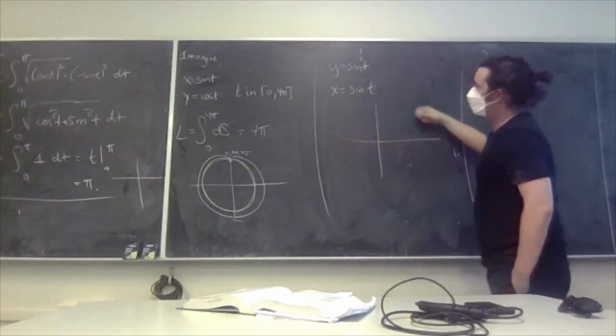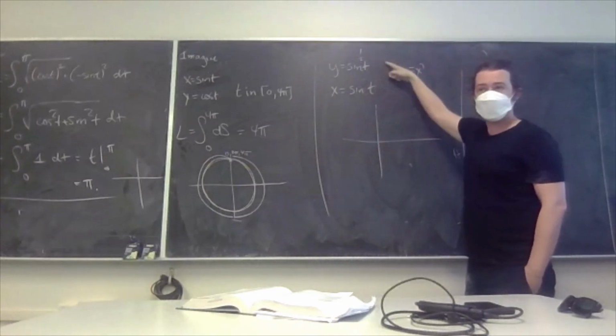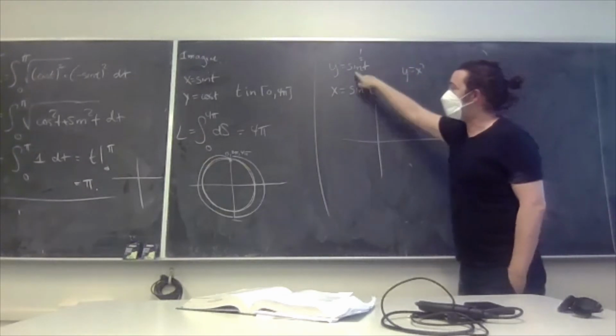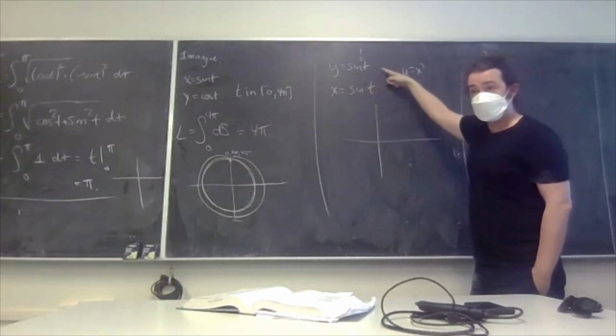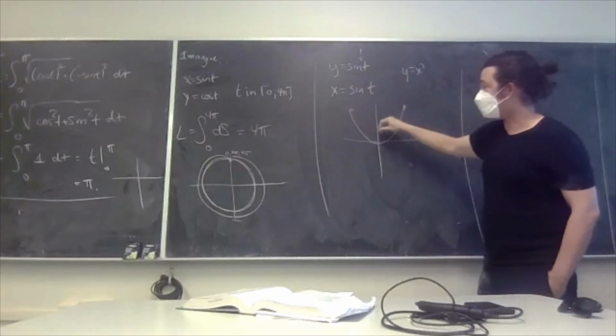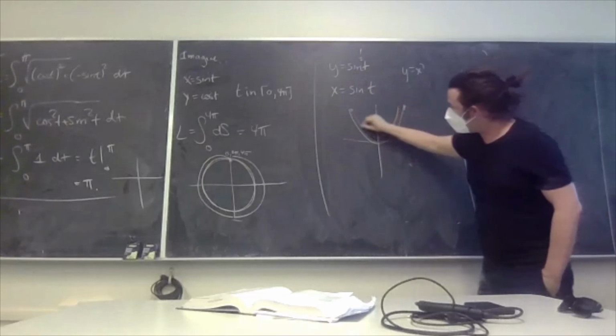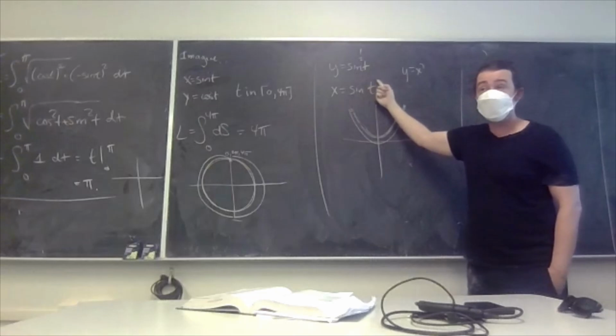What you get out when you do this is you still get out y equals x squared as the relationship between these two things. If this is x and this is y, you can plug this in to get y equals x squared. But these things are oscillating. So the particle is traveling along this parabola, but it's flopping back and forth between the two ends depending on what the t values that you allow are.